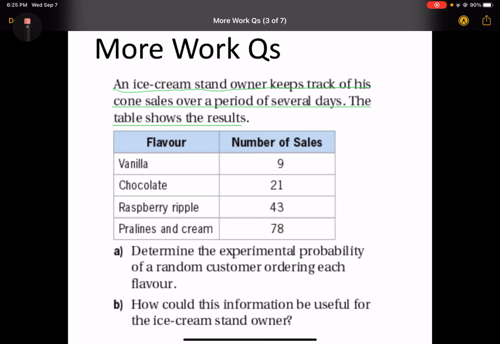Okay, so once again, let's just call this N of A, and we can call this P of A. But what we need to calculate first is all of these, which is defined as N of T, is equal to 9 plus 21 plus 43 plus 78.